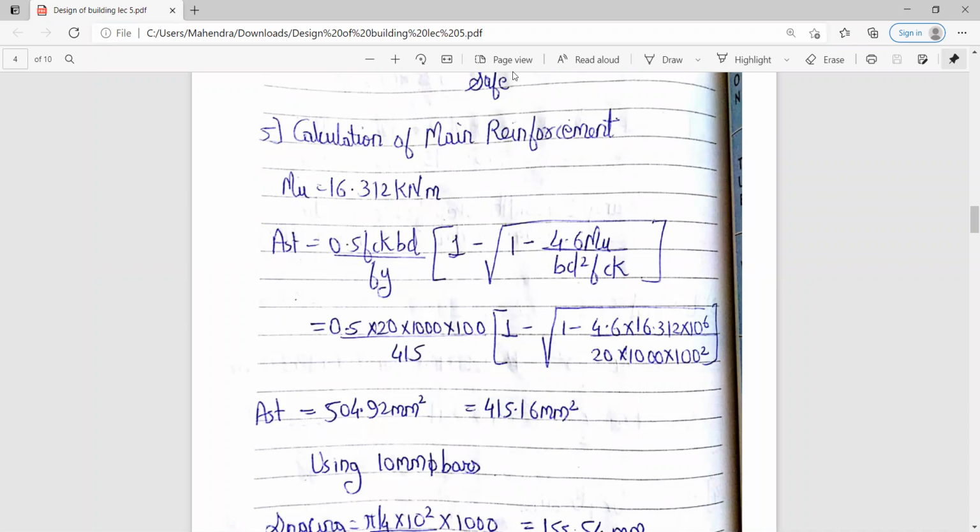Substitute the value of moment, that will be 16.312 upon B D square FCK, so 1000 into 100 square into 20. So उसपे से आपको AST मिलता है 504.92 mm square.